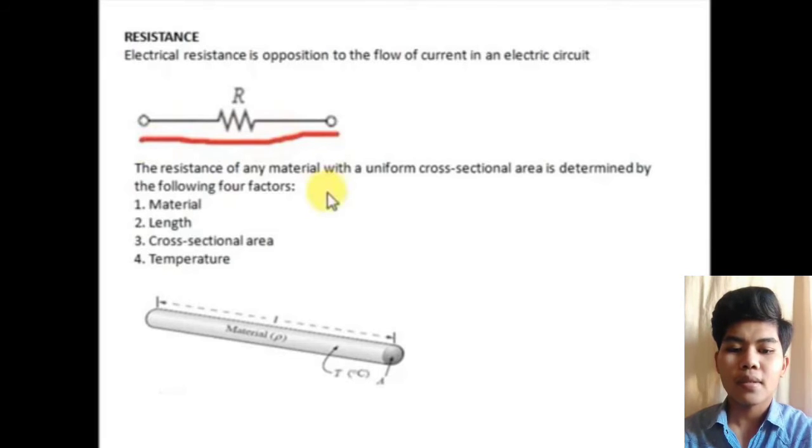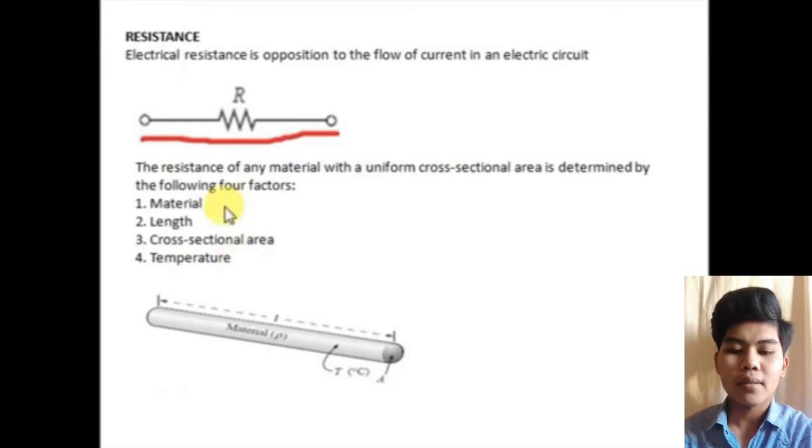May 4 na factor na nakakaapekto sa resistance. Ito ay material, length, cross-sectional area, at temperature. Number 1 is material. So, ang wire, maraming klase ng metal na ginagamit as a wire. Bawat metal na yon ay may kanya-kanyang resistivity. So, kaya ang isang factor na nakakaapekto sa resistance is yung type ng material na ginagamit.